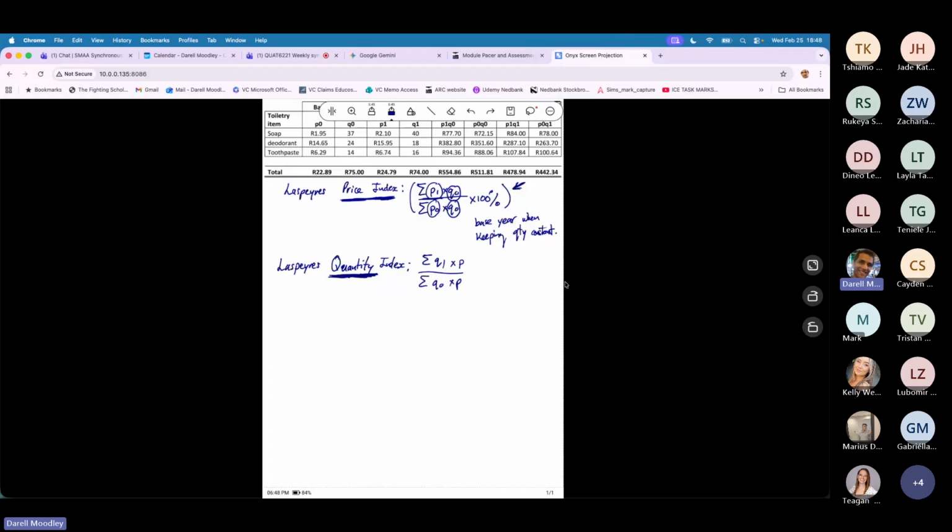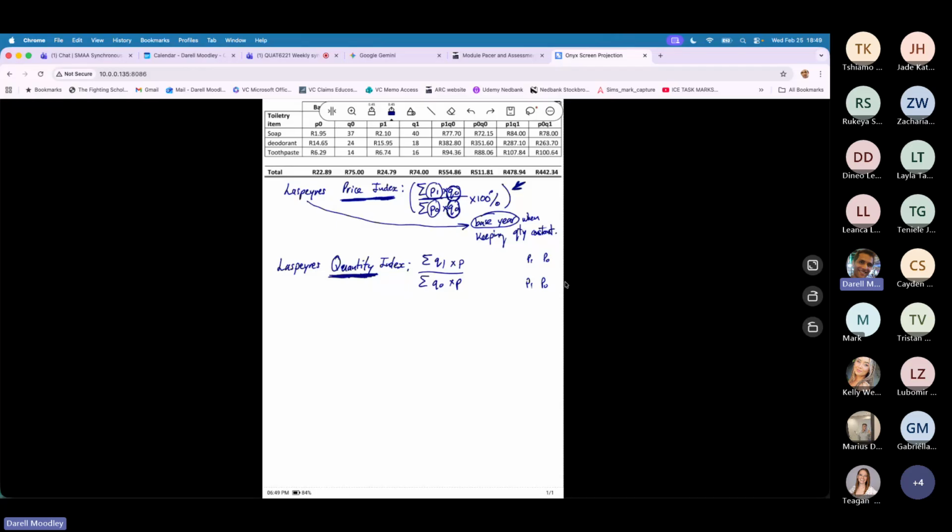But which price do I keep constant? Is it going to be P1 that I keep in both the top and the bottom? Or is it going to be P0? Now that's where you look at this formula here, and we are dealing with the Laspeyres formula. If you look at the top for the quantity, you are keeping the base year constant. Whenever you're dealing with Laspeyres, you're keeping the base year constant.